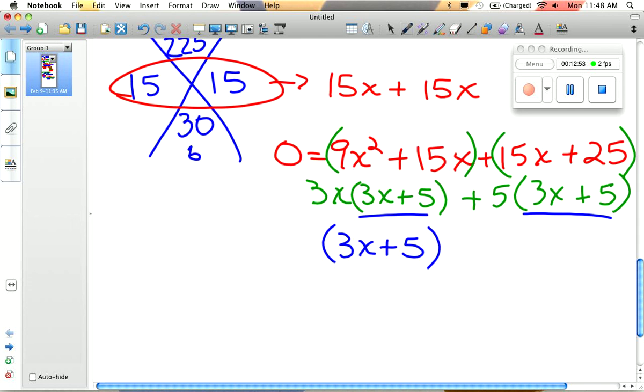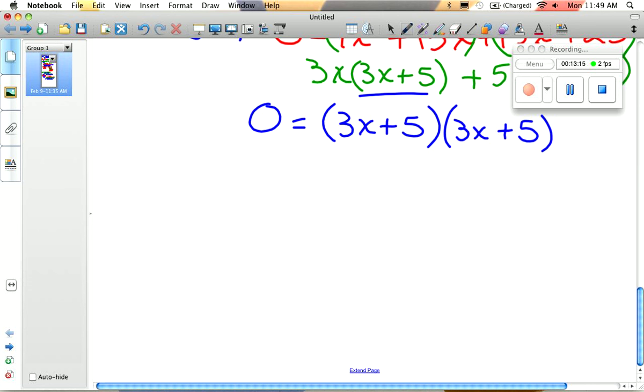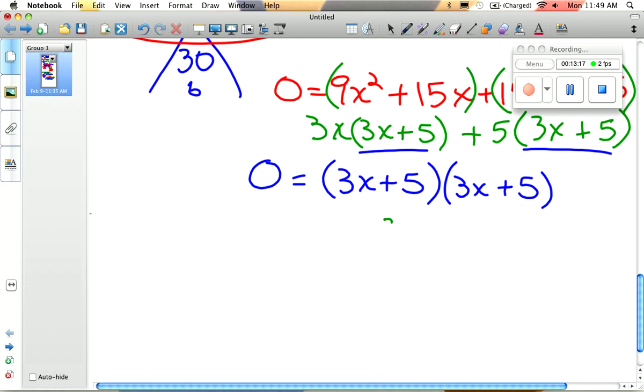And then the other one comes from the 3x that we GCF'd out, plus the 5 that we GCF'd out. So it just so turns out that both of the factors are the same. So you only have to do it once. Remember, when the factors end up the same, we only have to set one of them equal to 0 to solve it. So 3x plus 5 gets set equal to 0.